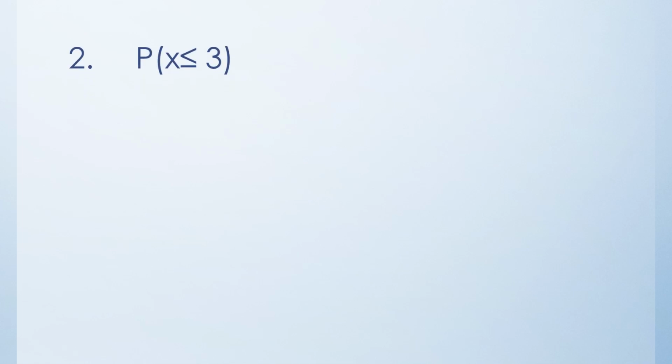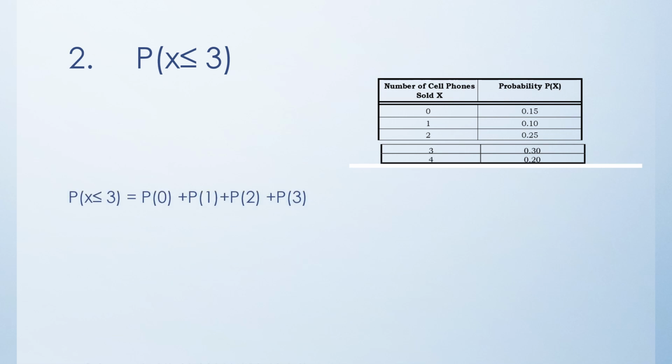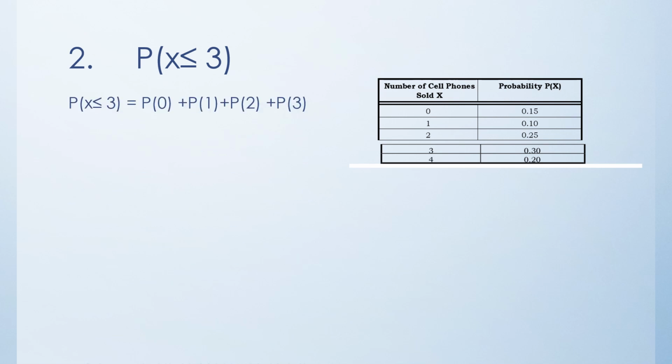Number 2. What is the probability of X less than or equal to 3? Take note, less than or equal to 3, so values that are lesser than 3 and equal to 3. It is the sum of the probability of 0, the probability of 1, the probability of 2, and the probability of 3.